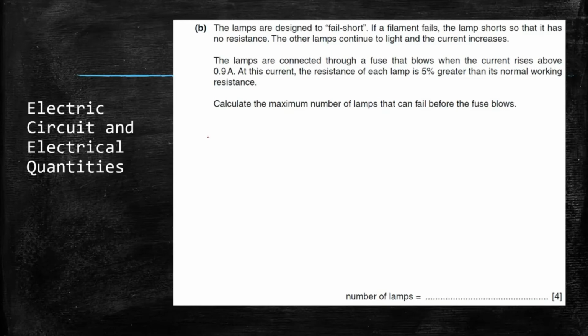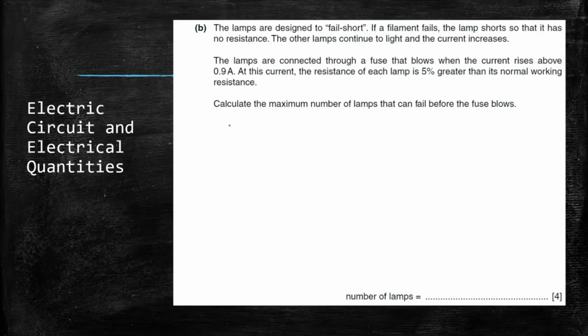First, calculate the resistance of each lamp when the current rises. In the problem, it is said that the resistance will be 5% greater than its normal working resistance when the current rises.